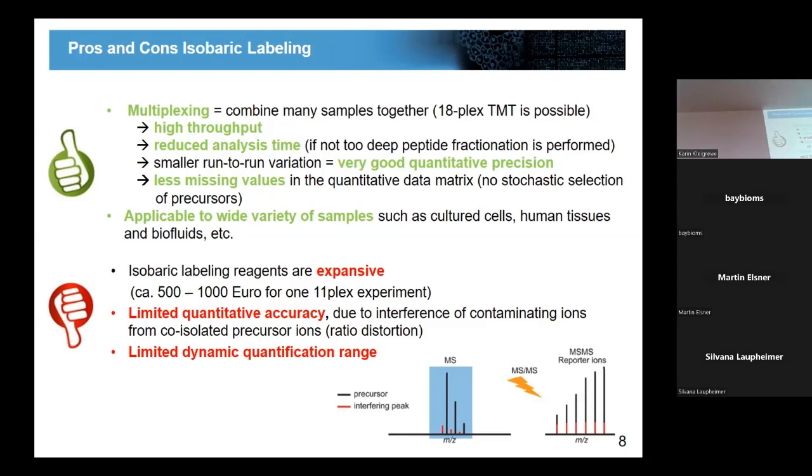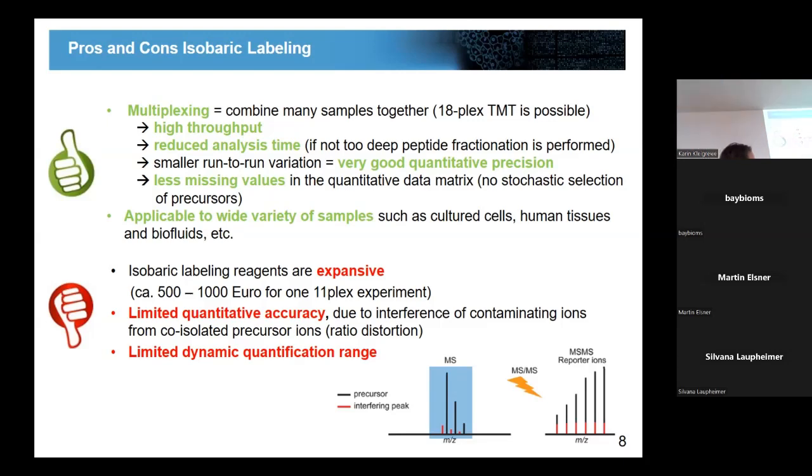And what we do inside our mass spectrometer, if we isolate a certain peptide of interest to do then an MS2 analysis on it, if we have very complex samples, we are unfortunately not very good in isolating just a single peptide, but maybe we have a contaminant in there, which will also carry the exact same tag. So the red guy here should be a small contaminant, the black guy is our peptide of interest. And if we then look at the formed reporter ions upon fragmentation, you see that this red guy is always contributing to a certain intensity there.